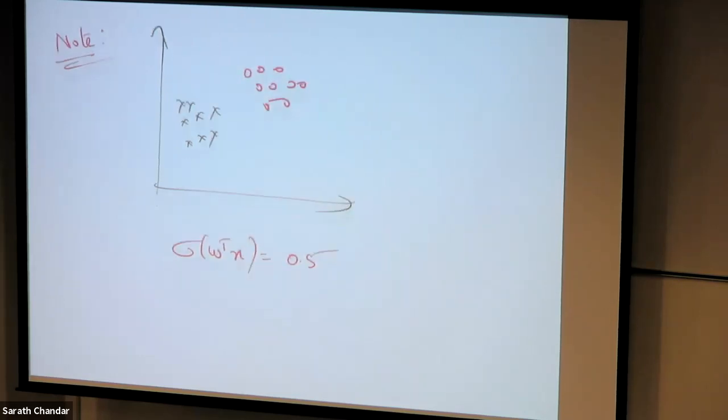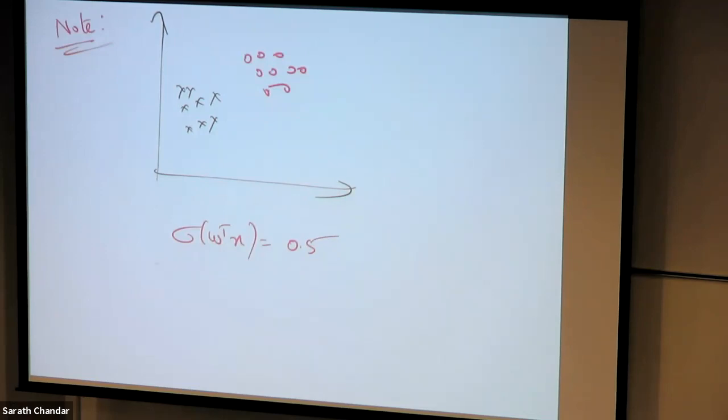Now, this is actually equivalent to W transpose X is equal to 0. It separates the two classes, right? Now, let's say this is that line.